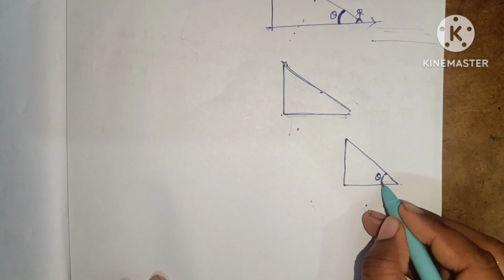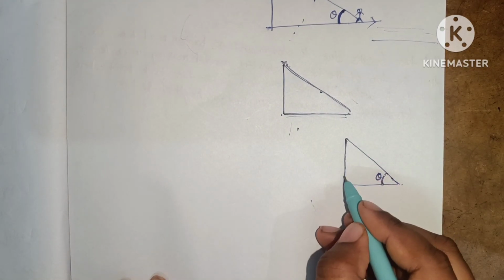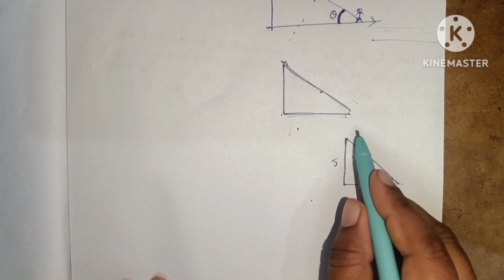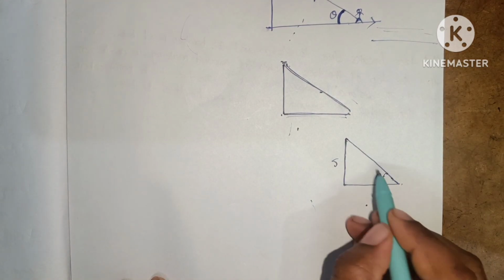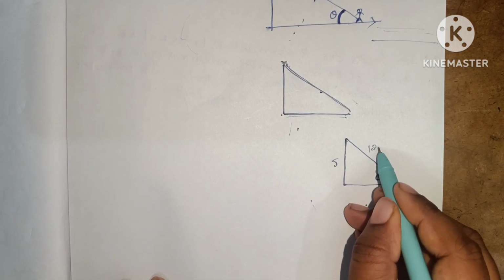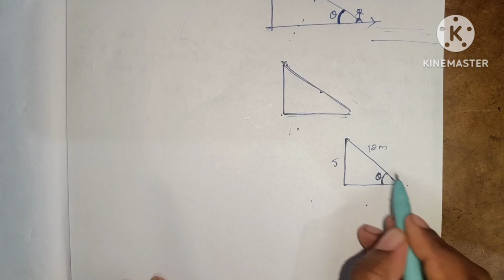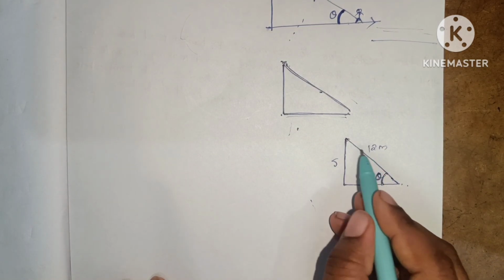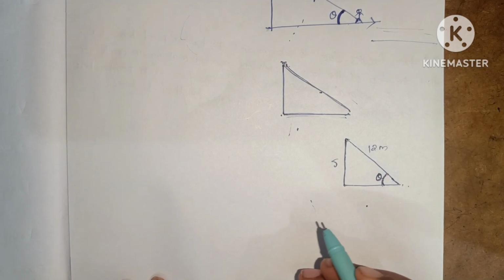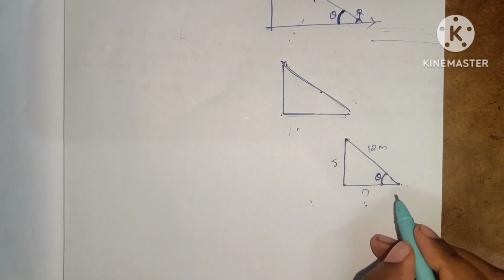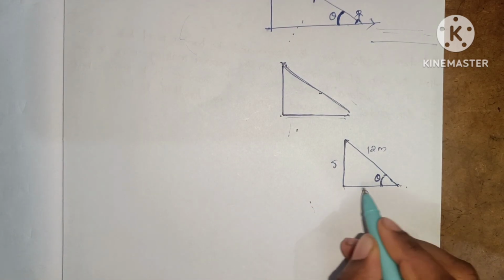For example, in the question it is given that the height of the pole was 5 meters, and a 12 meter rope was tied to the top of the pole and the ground. Then you have to find this one, that means the distance between these two points.